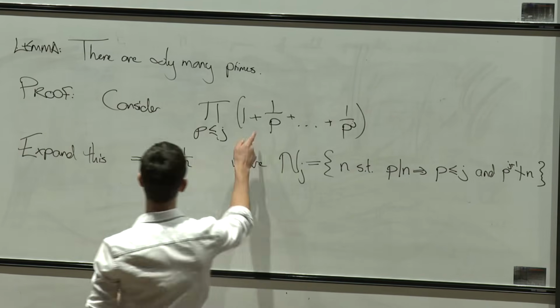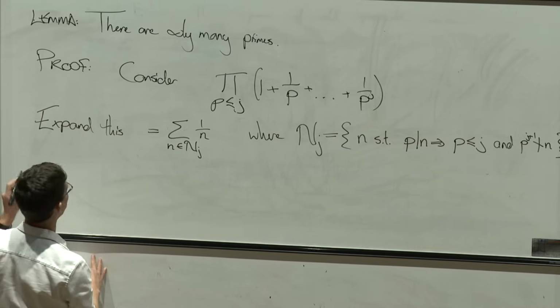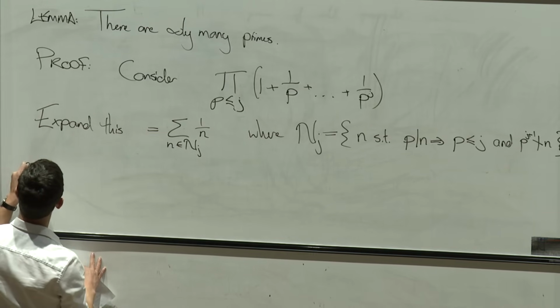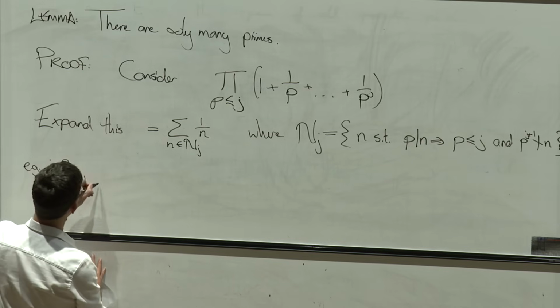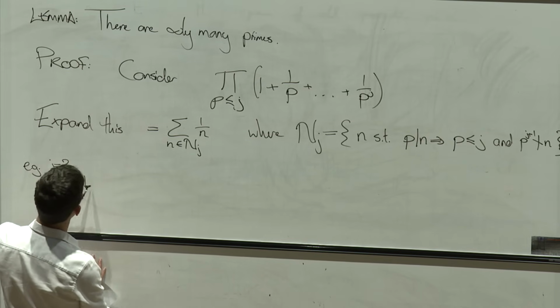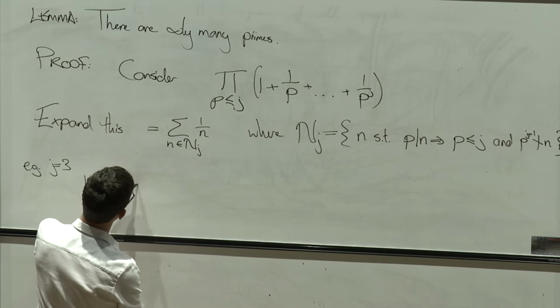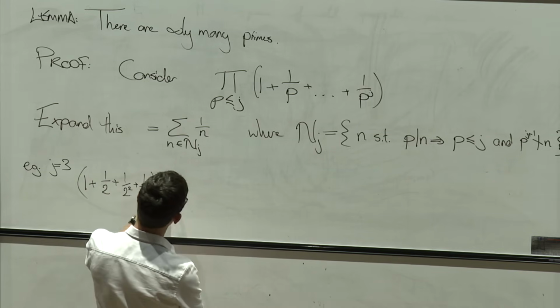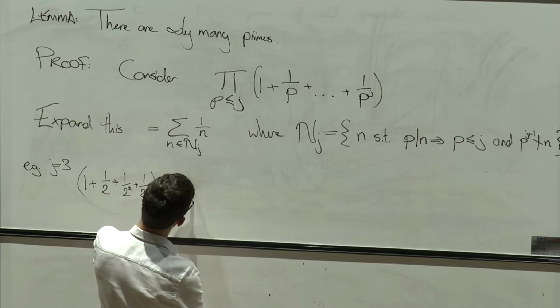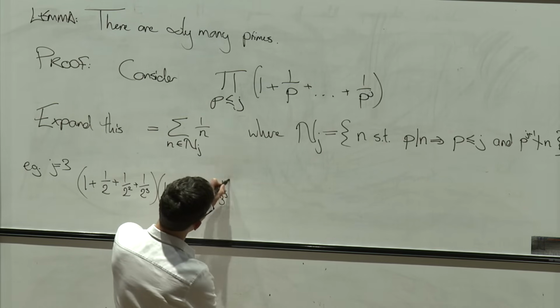Hopefully this is reasonably clear, but just to be totally explicit, if I had j equals 3, I'm looking at the product (1 plus 1 over 2 plus 1 over 2 squared plus 1 over 2 cubed) times (1 plus 1 over 3 plus 1 over 3 squared plus 1 over 3 cubed).